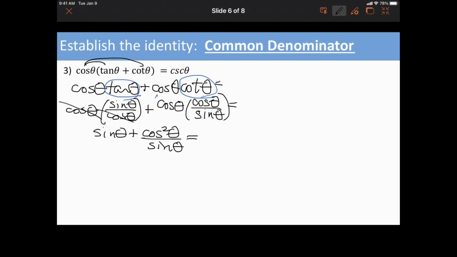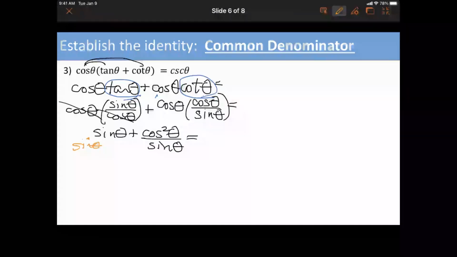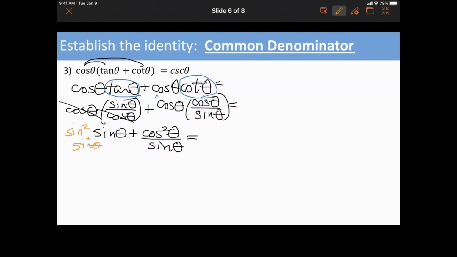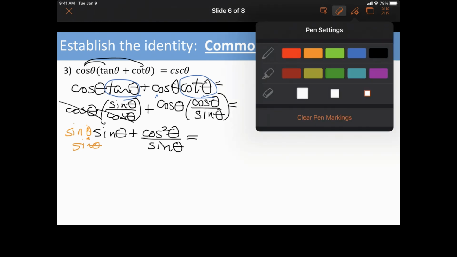Now I have one that's a fraction and one that's not. So for my common denominator, I'm going to multiply sine theta over sine theta. Oh, sorry, there's no squared yet. Okay.